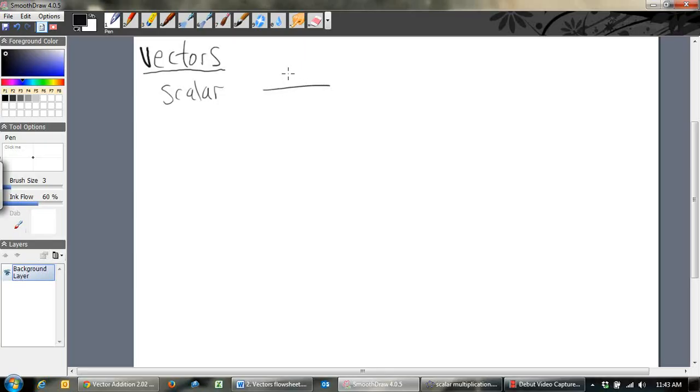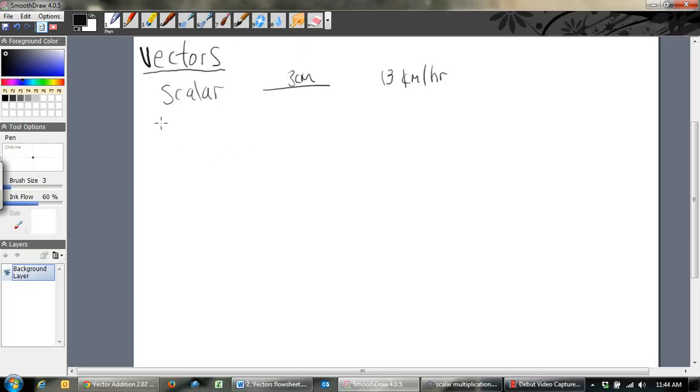So in other words, this line might be 3 centimeters long or something like that, or I might be traveling at 13 kilometers per hour. Or what's another scalar?